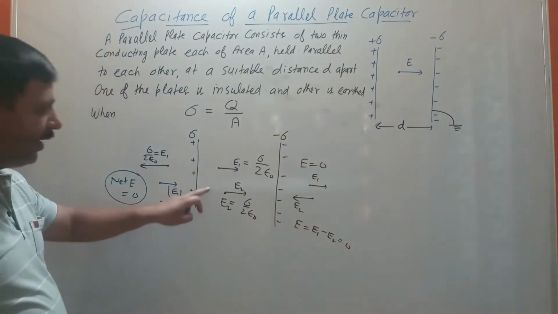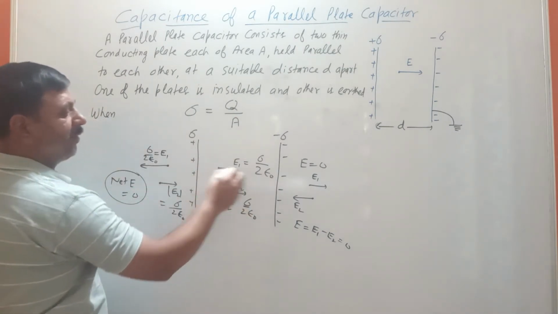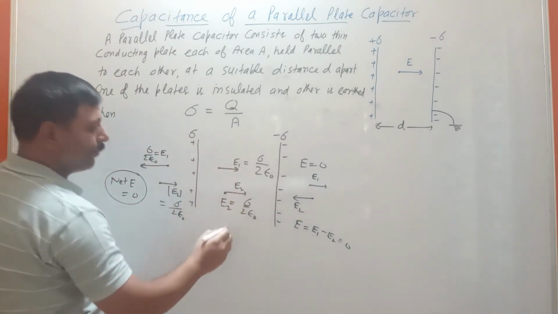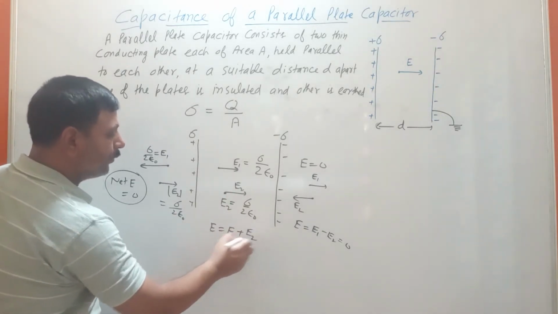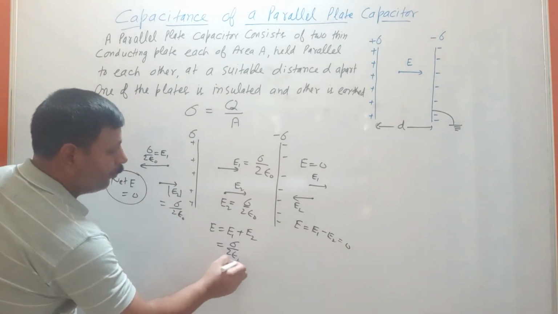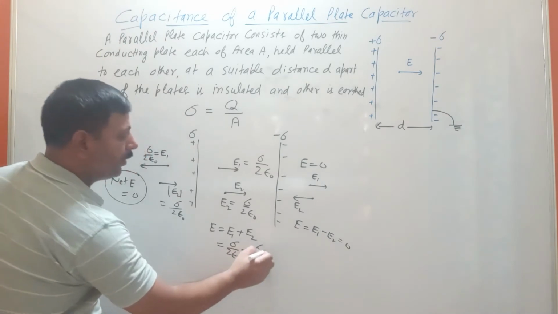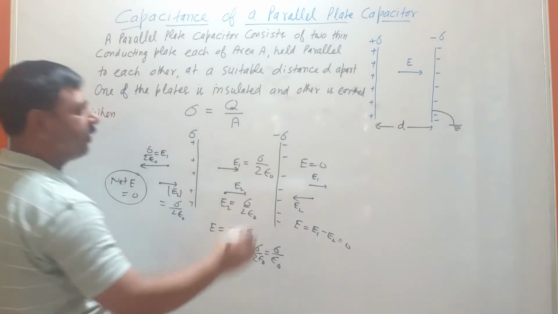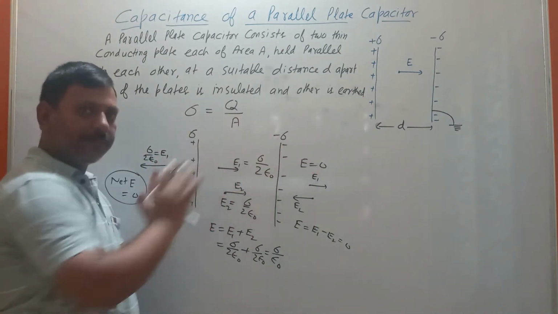But between the plates, E1 and E2 have the same direction. The resultant is E1 plus E2, sigma upon 2 epsilon naught plus sigma upon 2 epsilon naught, which is sigma upon epsilon naught, directed from the positive plate to the negative plate.